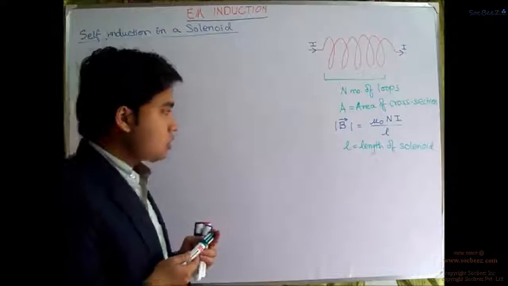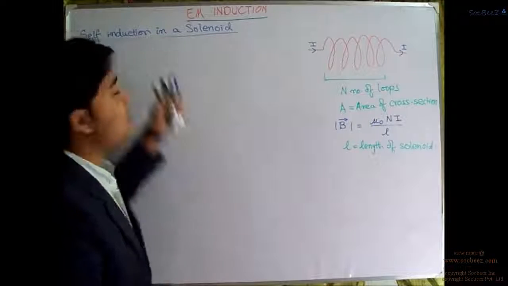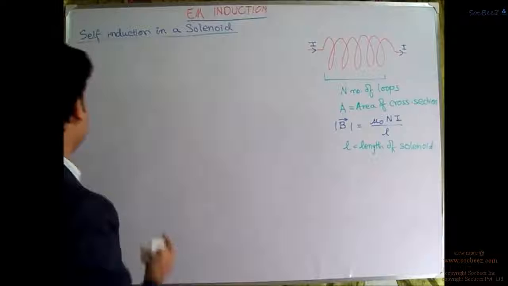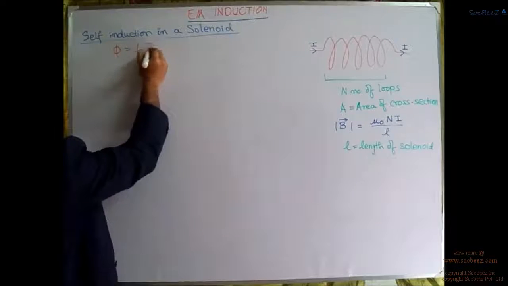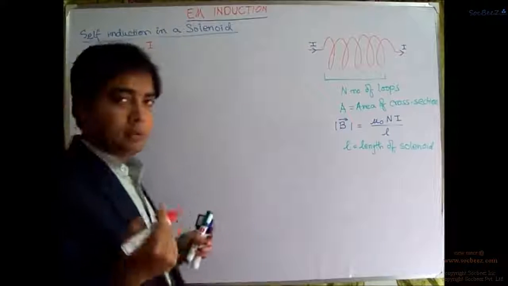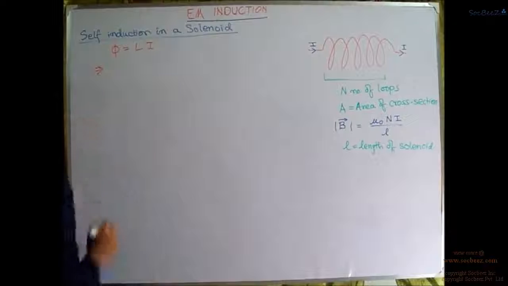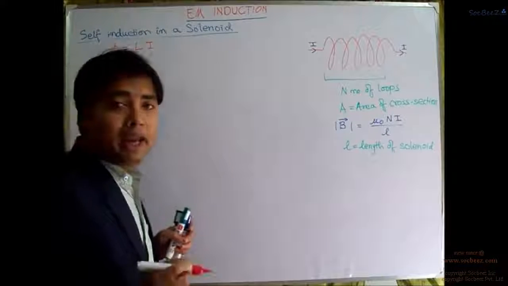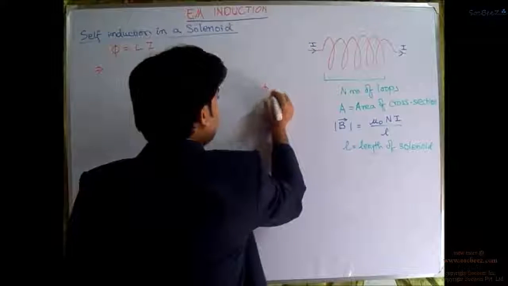So, by the formula of self-induction, we can write that phi is equal to L i, as we have seen before.